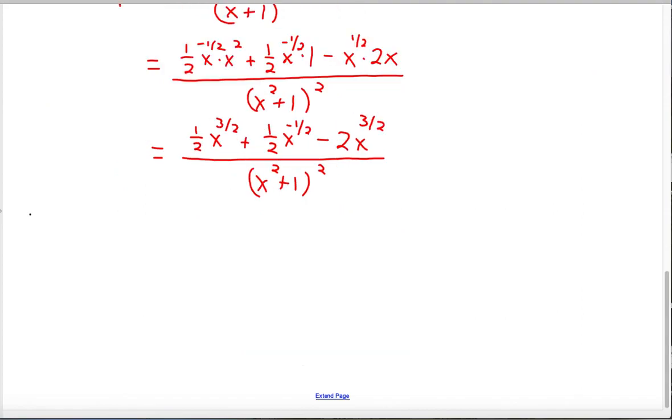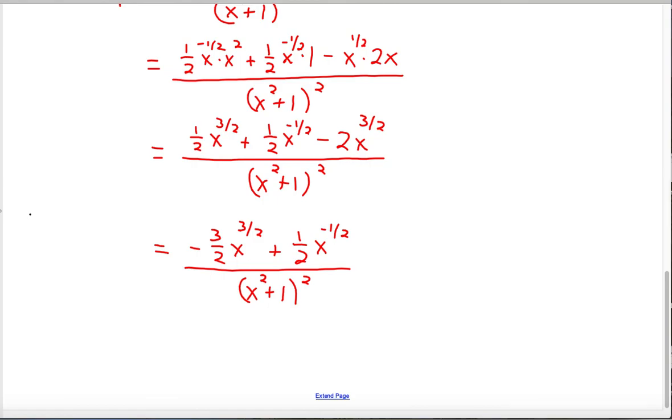So I have 1/2 x to the 3/2 minus 2 x to the 3/2. That's going to give me negative 3/2 x to the 3/2 power, and then plus 1/2 x to the negative 1/2 power, all over x squared plus 1.